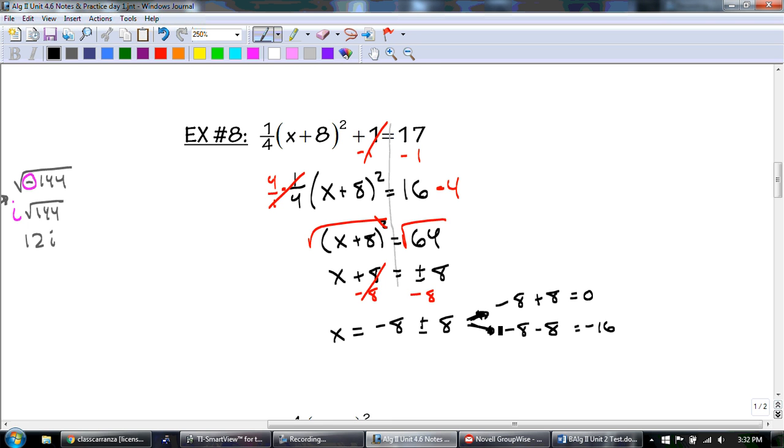So we do -8 plus 8, which is 0, and -8 minus 8, which is -16. So we get that x equals -16 and 0. Remember, when we can simplify, I want to know what the exact answer is. Okay?